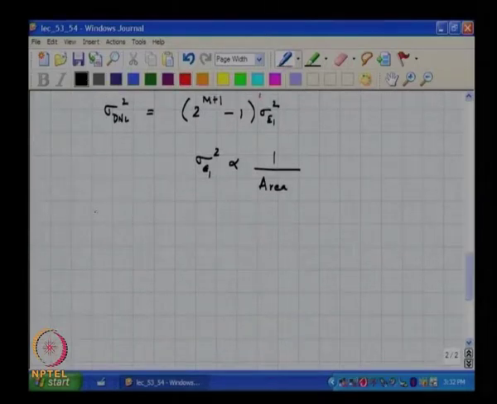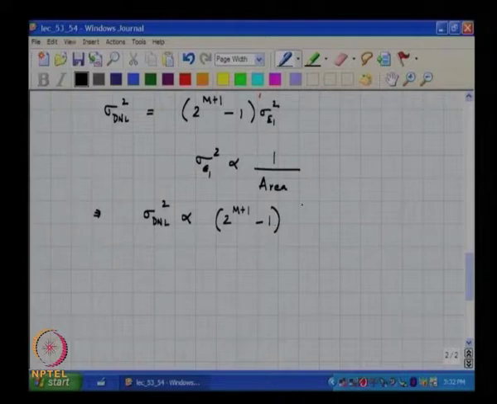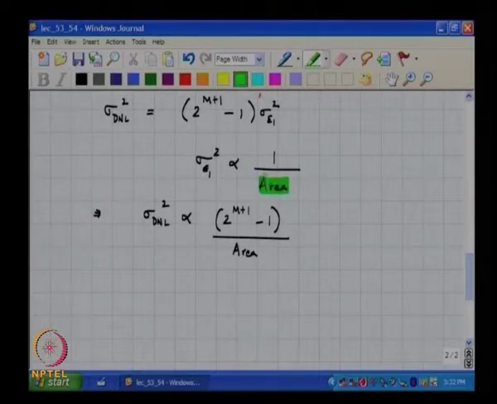That would mean that sigma DNL square is proportional to 2 to the m plus 1 minus 1 times 1 by area, and this area refers to the area of the unit cell. Does it make sense? Okay.